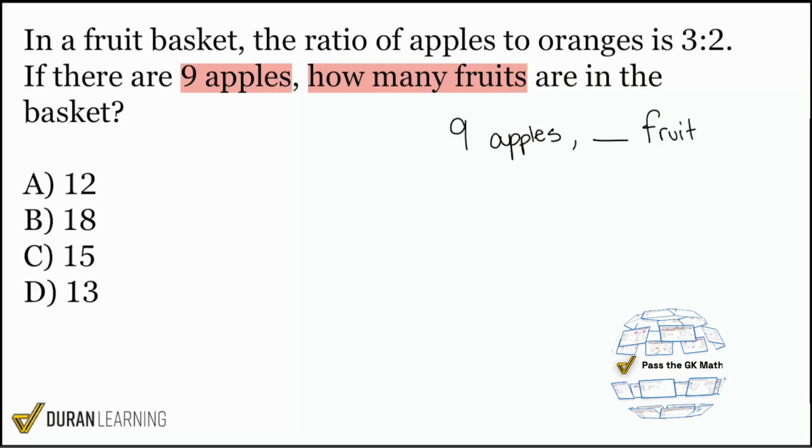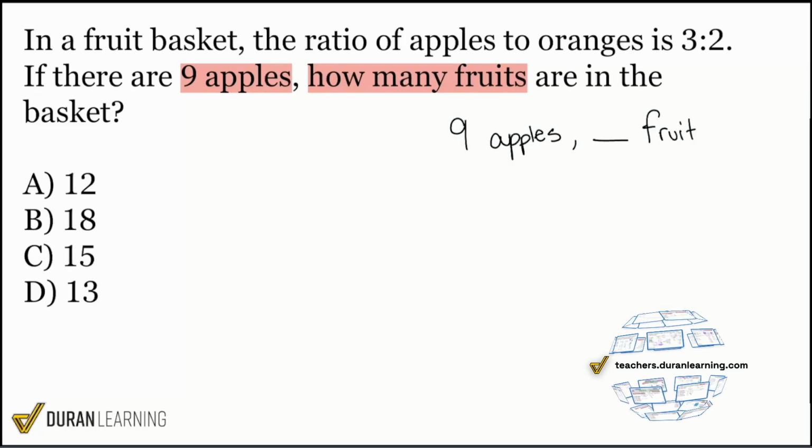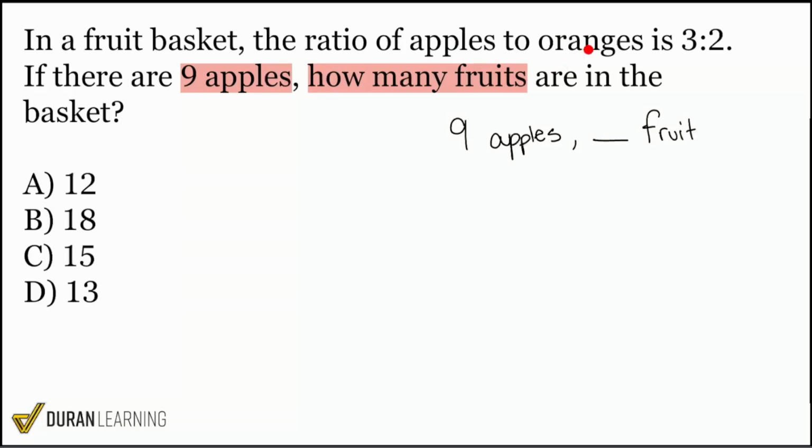So notice how even though the particular word that we're really paying attention to hasn't been explicitly stated, if we're talking about apples and oranges, what does asking how many fruits there are in the basket actually mean?